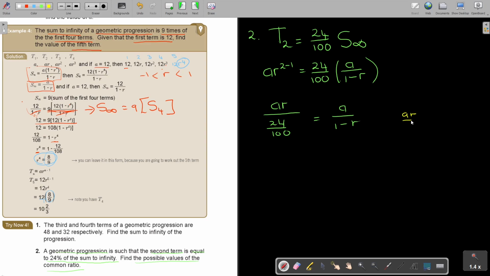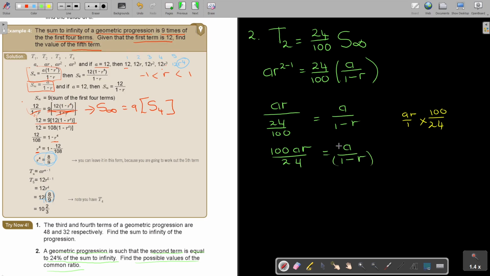I know I'm sometimes a bit long, but it's so that everyone can follow. So I multiply with the reciprocal. Basically, it's going to be 100ar over 24, and that's equal to a over 1 minus r. Put a bracket.